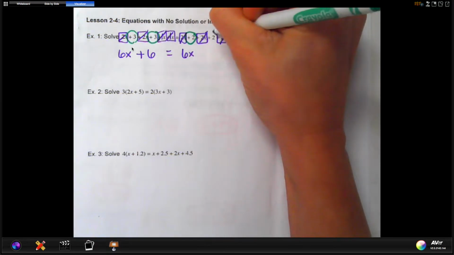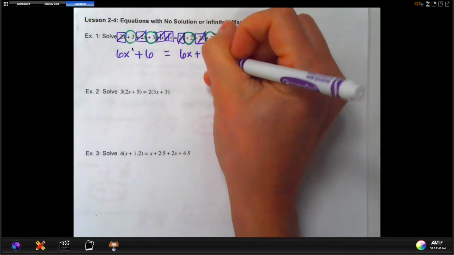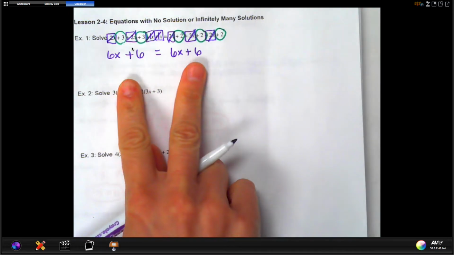Positive 2, positive 2, positive 2 is going to give us positive 6 altogether. Now, right away, you will notice that our equation turned out the same on both sides. That is important, and as we go through this, if you identify that right away, you can skip right to the answer, but I want to show you what ends up happening if we solve this, okay?